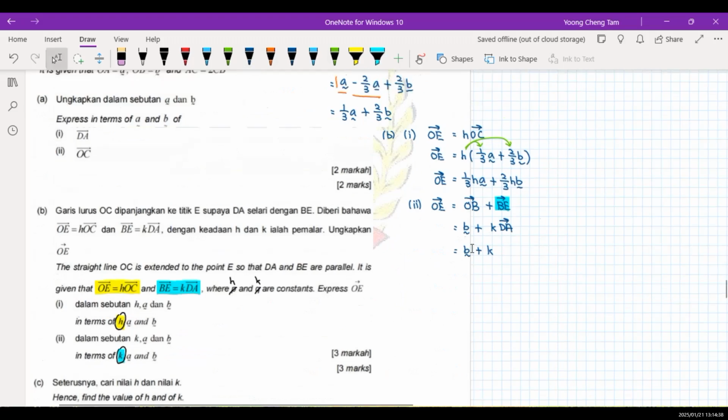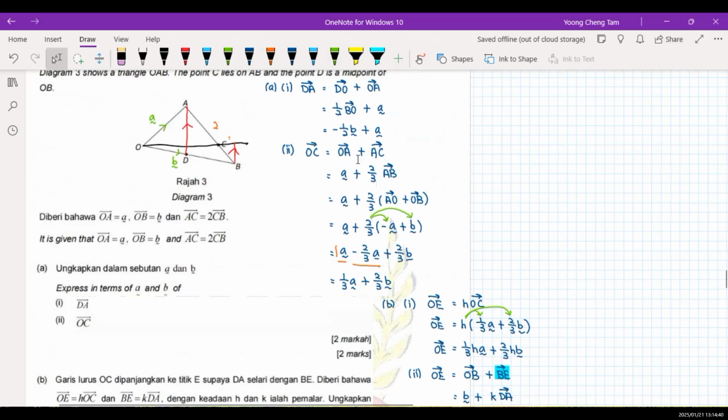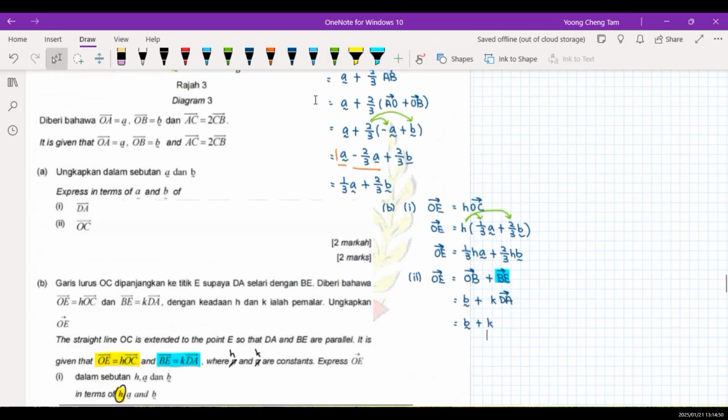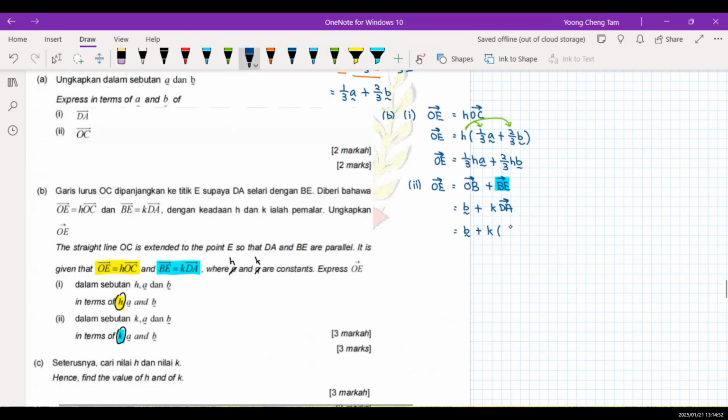So if you go back to question A, we have the answer from question A1: BA equal to negative 1 over 2 B plus A. So substitute negative 1 over 2 B plus A. Now you can expand the bracket for the K. So you can write B minus 1 over 2 KB plus K A.